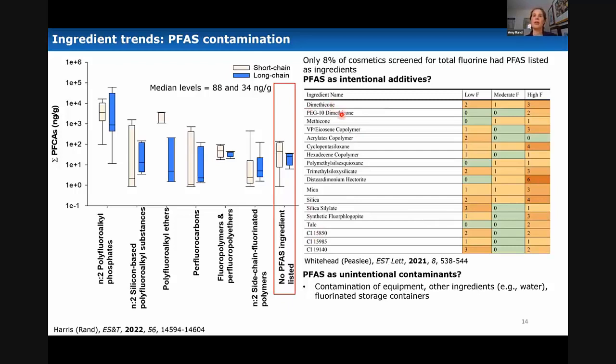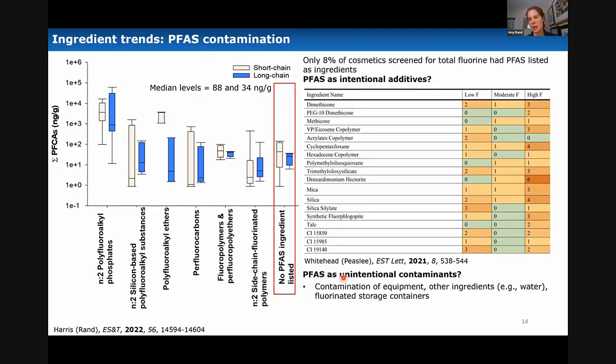And furthermore, ingredients like dimethicone and methicone also have a fluorinated alternative. And so there's potential there for the product maybe to list the generic name rather than explicitly state whether it's fluorinated or unfluorinated, although really this has yet to be rigorously assessed. So PFAS obviously can be an unintentional contaminant.